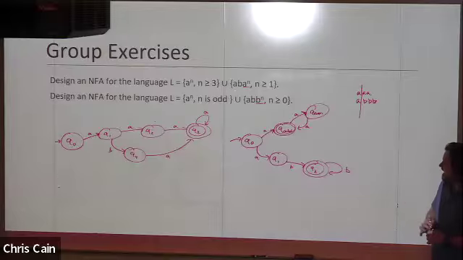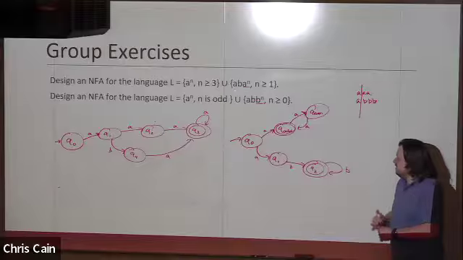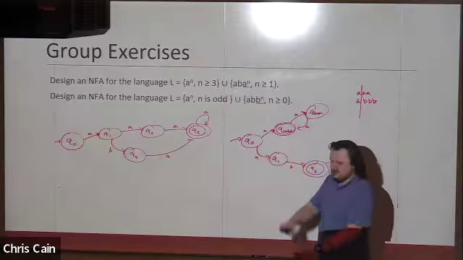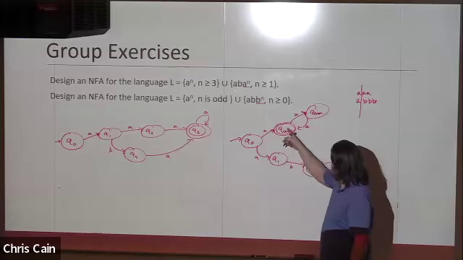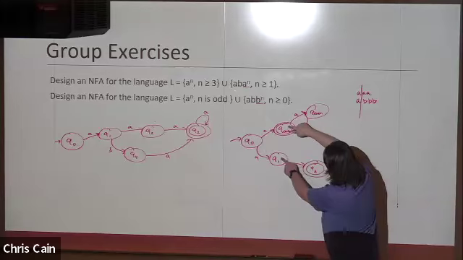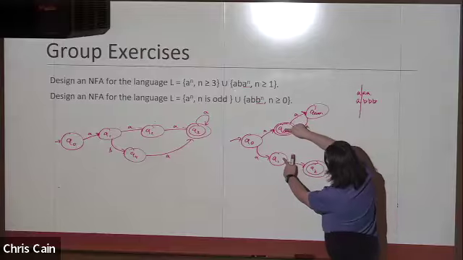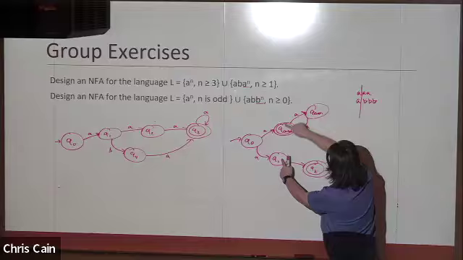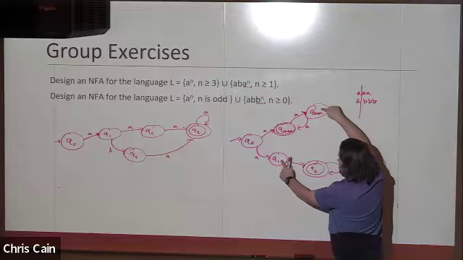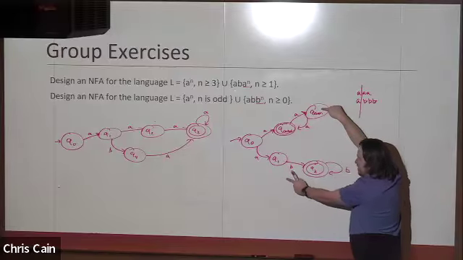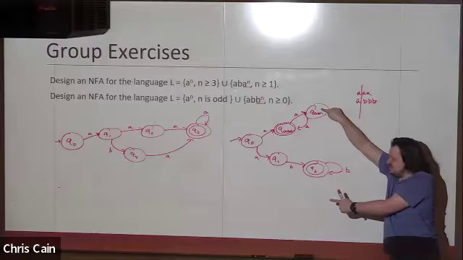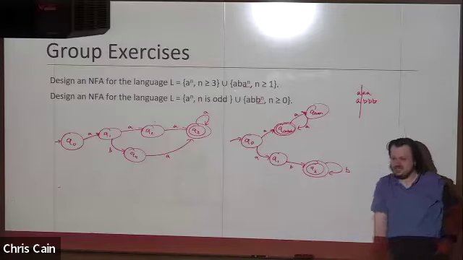So for instance, this AAA, on the A, we're going to non-deterministically fork this process. One of them is going to go here, one of them is going to go here. So there are two processes, one is here, one is here. We see the second A. In this process, we can move to Q even. In this process, there is no outgoing edge from Q1 defined on an A. So because of that, this thread dies immediately.